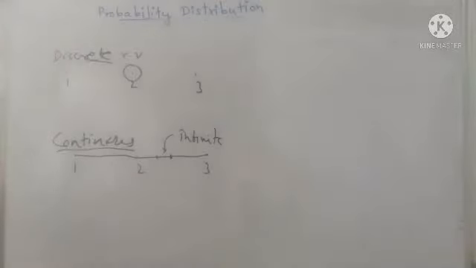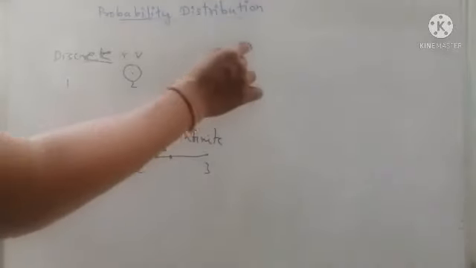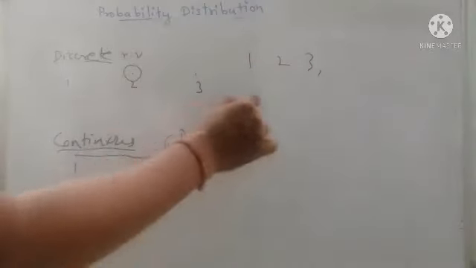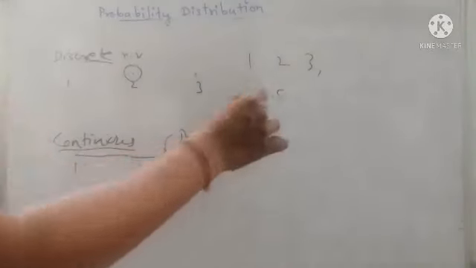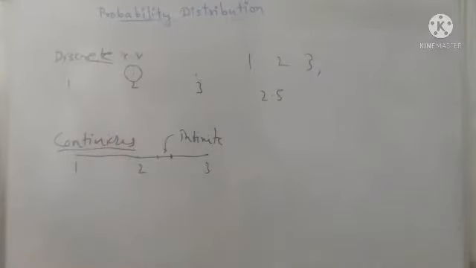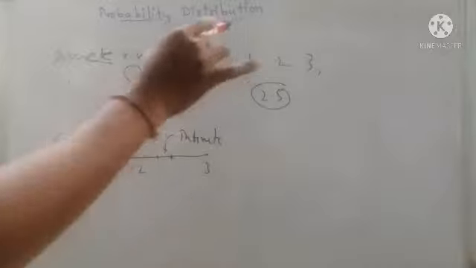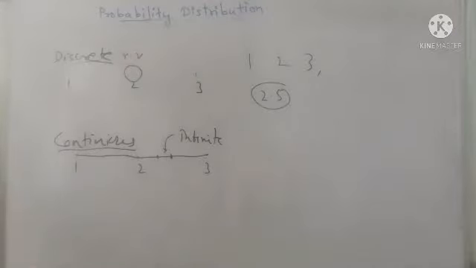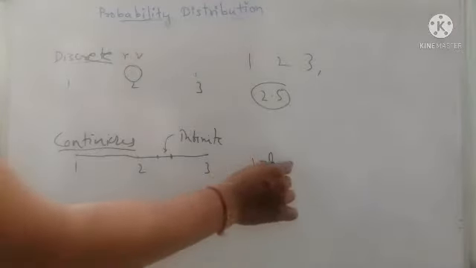As we throw a die, we get the value 1, 2, 3. In no case do we get the value 2.5. Is that possible? No, we get only integer values. On the other hand, a random variable which has continuous values is, for example, the weight of a student in a class.